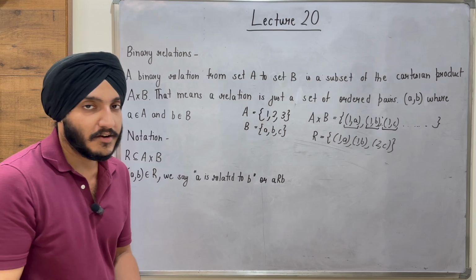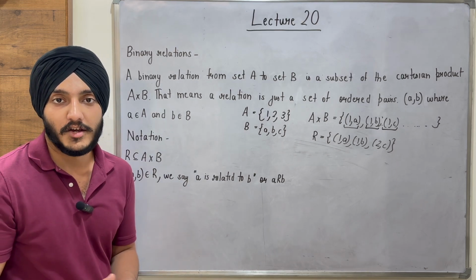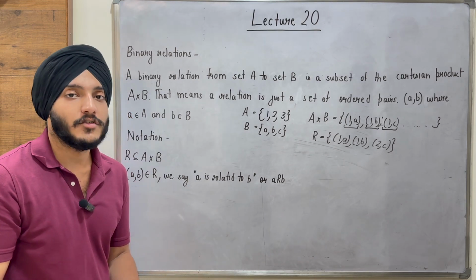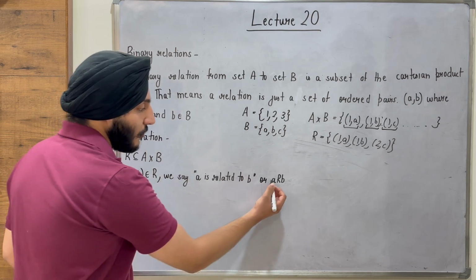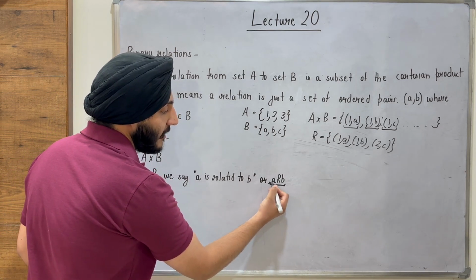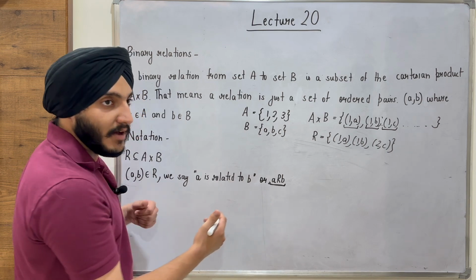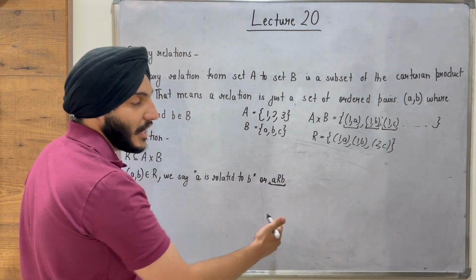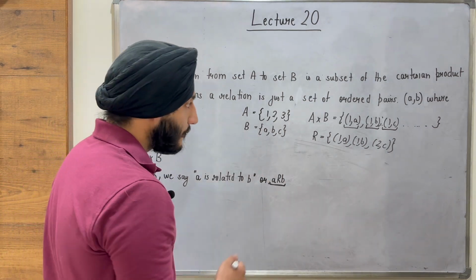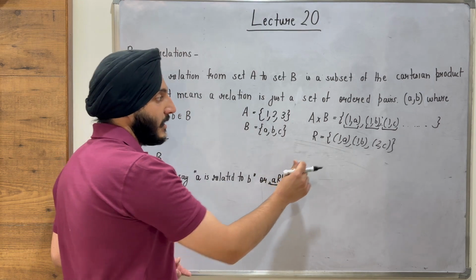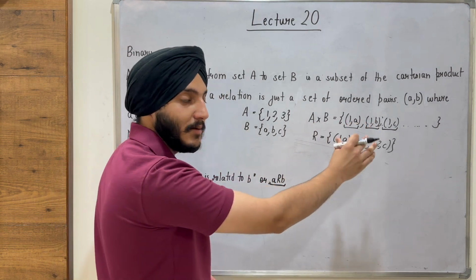Whenever you form a binary relation, you could be given a binary relation in a question, or you might be asked to form one. This is the notation you might use: a related to b, where a is the left element of the tuple and b is the right element of the tuple. So let's take an example. This is A cross B, which has 9 elements.